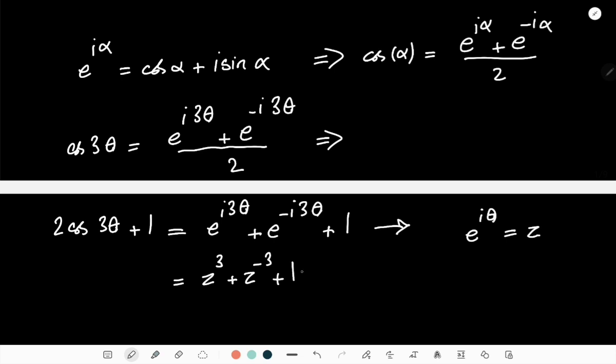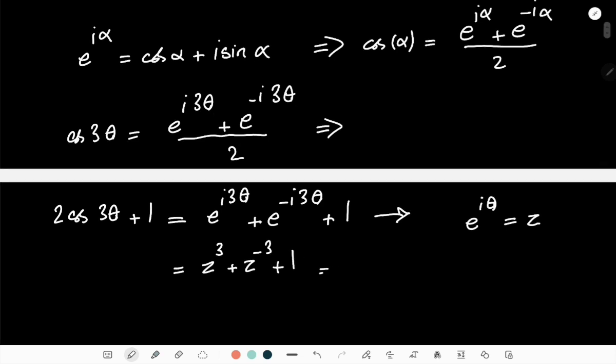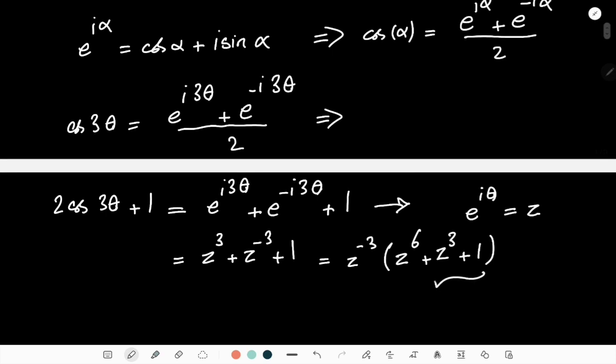Very easy, right? In the next step, I will factorize z to the power of minus 3, and this will produce z to the power of 6 plus z to the power of 3 plus 1. This is also very easy. You can verify that. So now I have this.